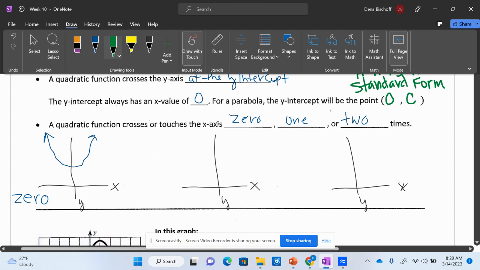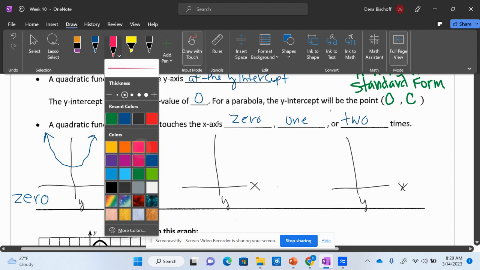Do you see how those arrows on the end are going to go on forever? Is that graph ever going to touch the x-axis? No, it's above the x-axis, right? And the arrows extend forever in the positive direction. It's never going to touch the x-axis.